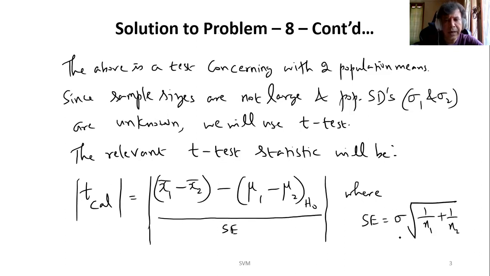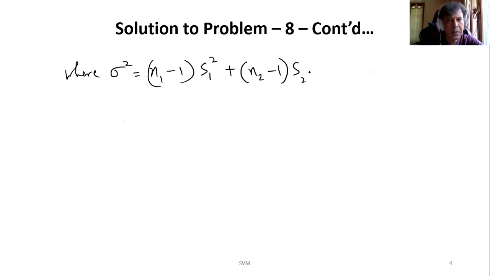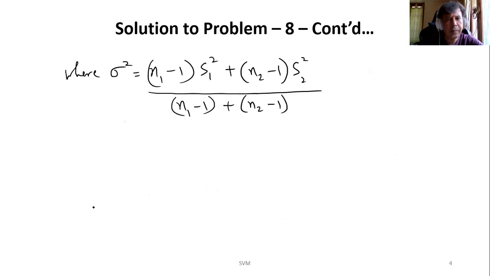Let us continue in the next slide, where sigma square is n1 minus 1 times s1 square plus n2 minus 1 times s2 square, whole thing divided by n1 minus 1 plus n2 minus 1.